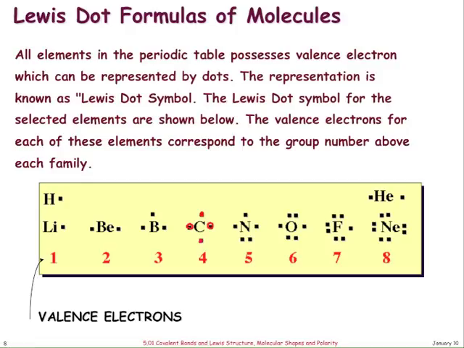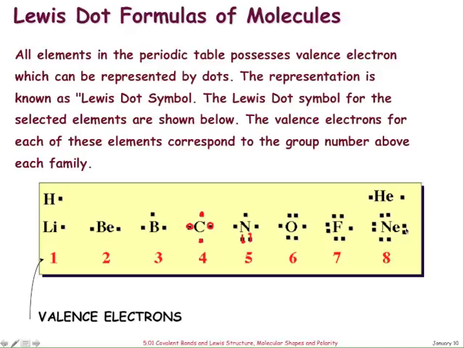And then when you have to pair up the electrons, you're still putting them in these places, but now you put 2 electrons in these places. Remember that these electrons are going to have opposite spin. So nitrogen has 5, oxygen has 6, fluorine has 7, and neon has 8.